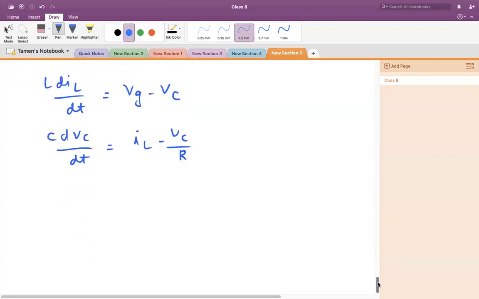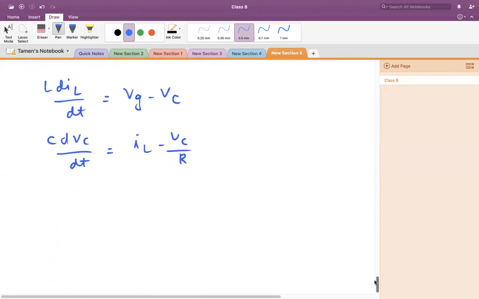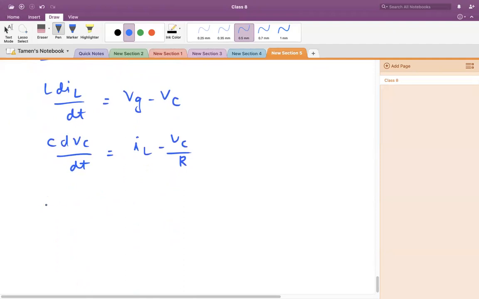As you already know, I'm moving this fast. So now I'll write these equations in terms of our state space model. What are the energy storing elements here? Capacitor and inductor. Now I'll write the state space equation, that is in terms of x dot equal to Ax plus Bu, right?